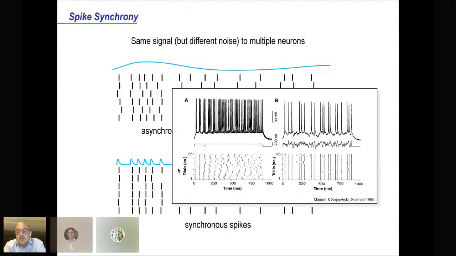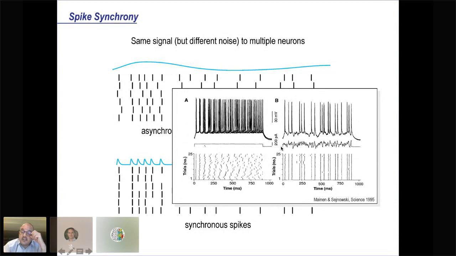I think one of the most famous papers describing this sort of patterning is Mainen and Sejnowski 26 years ago now, where they showed that if you repeat a sustained stimulus, the first spike is really well timed, but then all of the other spikes drift further and further out of phase, so you get very asynchronous spiking later on in the stimulus during the response.